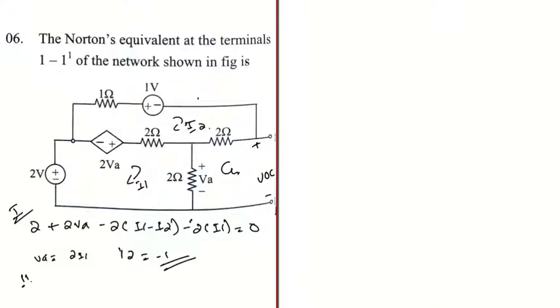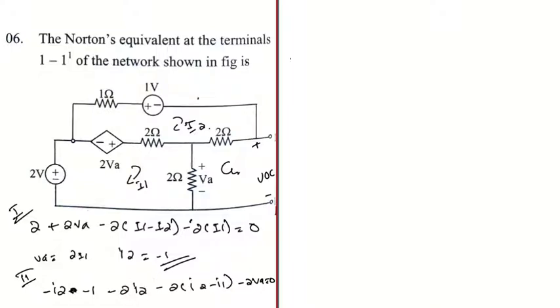Okay, next coming on to the next mesh, I get the equation like minus I2 minus 1 minus of 2I2 minus of 2 into I2 minus I1 minus 2VA equal to 0. Here also VA is equal to 2I1.